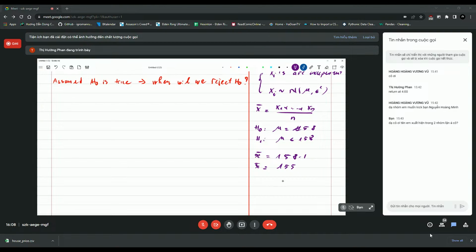In this case, you see that 155 is far from 158. So you may have the feeling that we should reject H0, because the sample average is so different from 158.